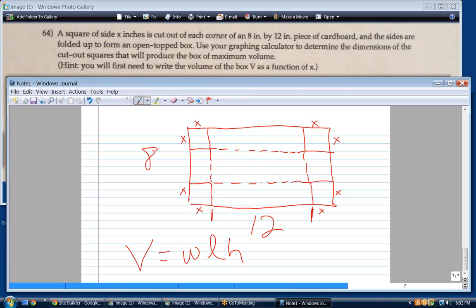So what's the base of it? 12 minus 2x. Very good. What's the length of it? 8 minus 2x.